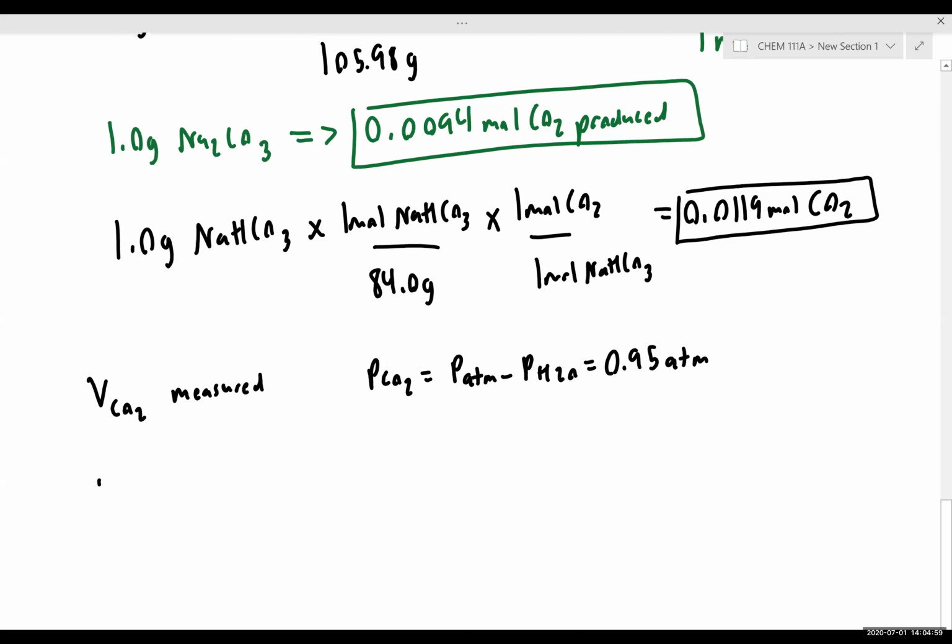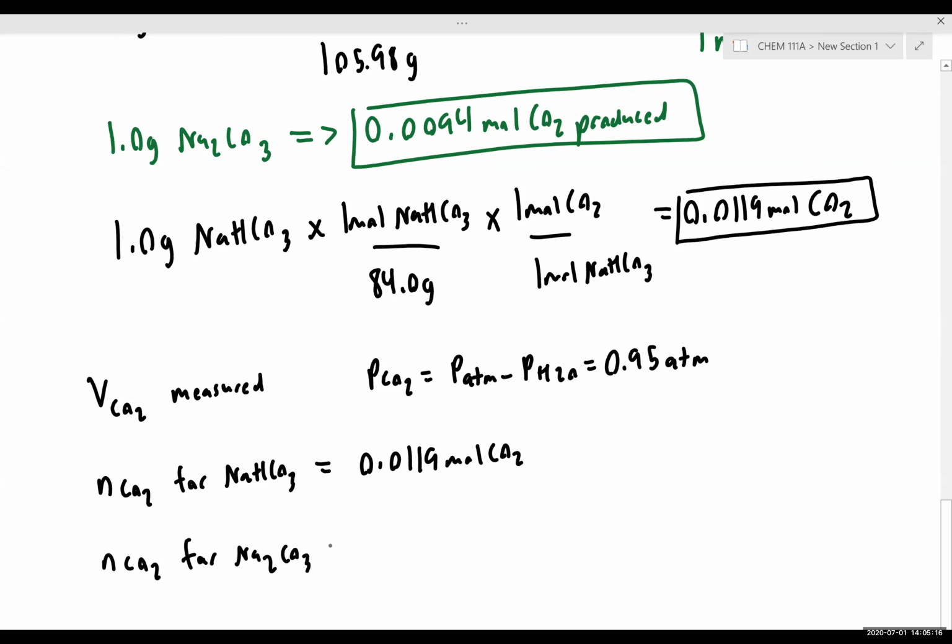The moles of carbon dioxide for our sodium hydrogen carbonate reaction is expected to be 0.0119 moles of carbon dioxide. The moles of carbon dioxide for our sodium carbonate reaction is expected to be 0.0094 moles of CO2.